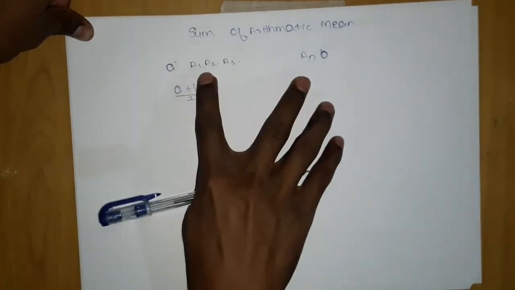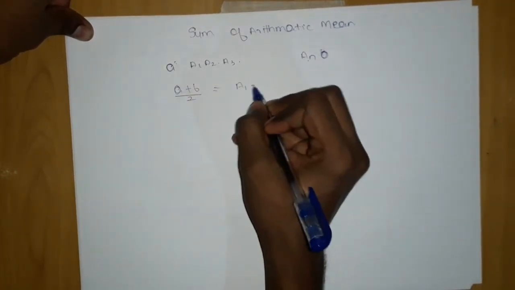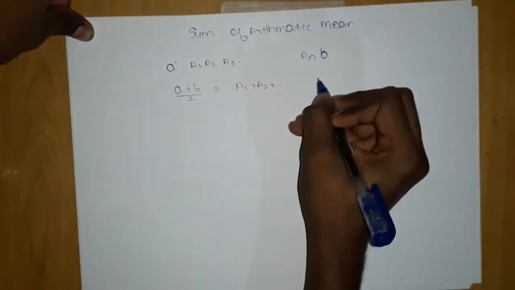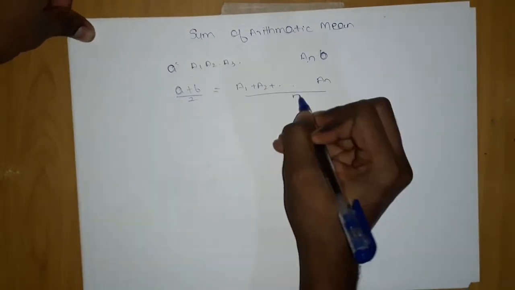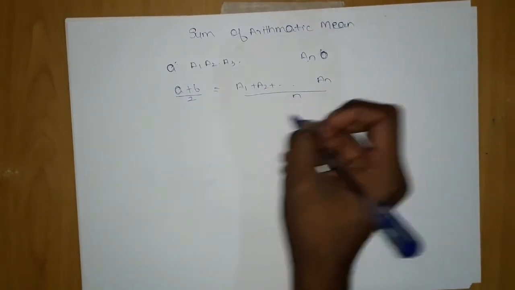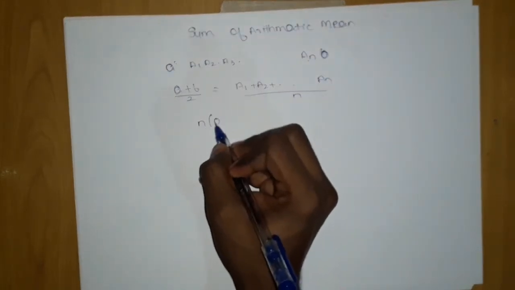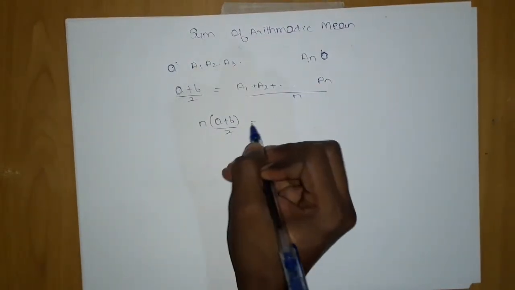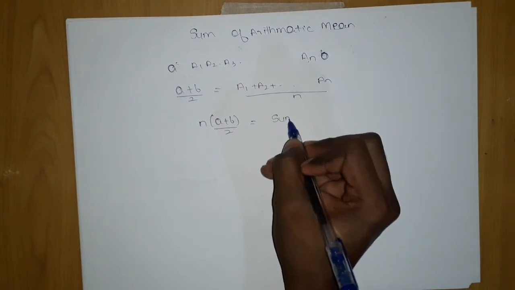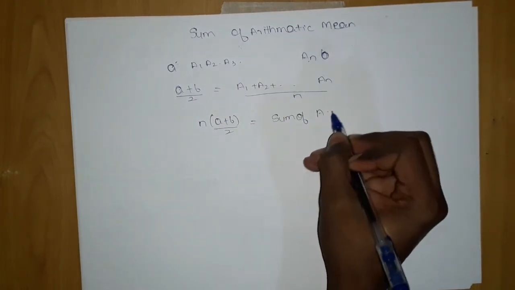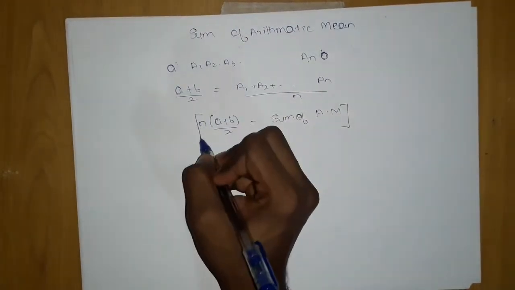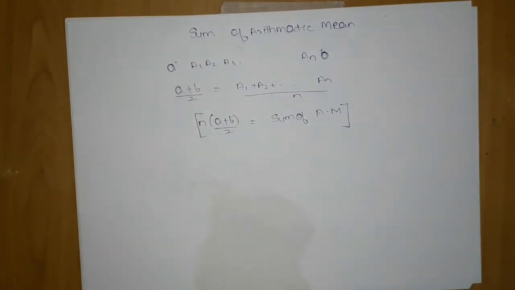But AM can also be equal to a1 plus a2 till an upon n. So using this I can get the AM as (a plus b) by 2. This is the sum of arithmetic means, nothing great in this thing. Sum of which is nothing but n into (a plus b) by 2.